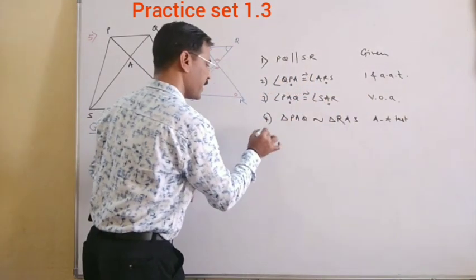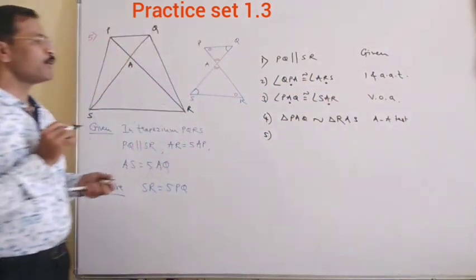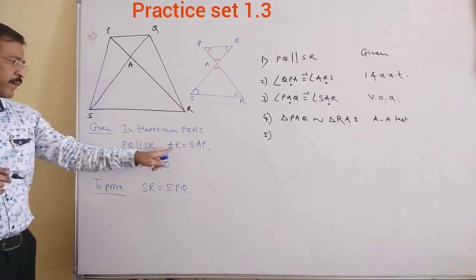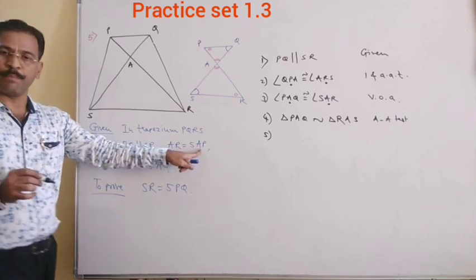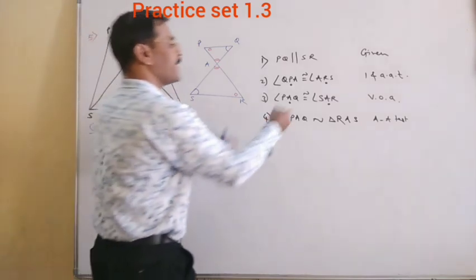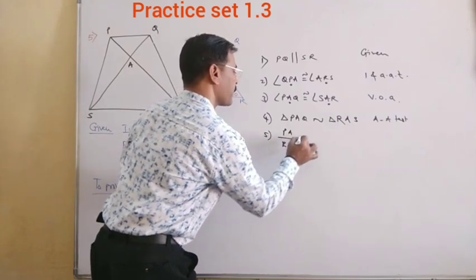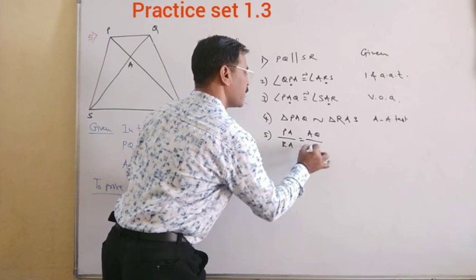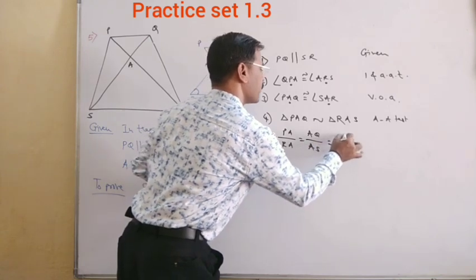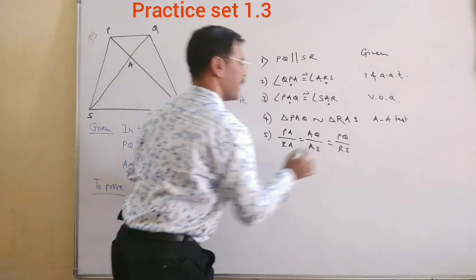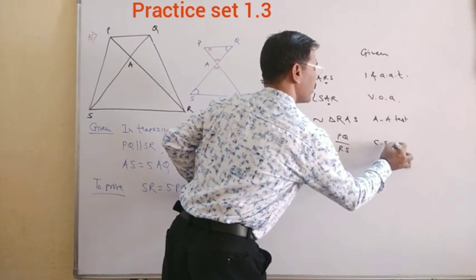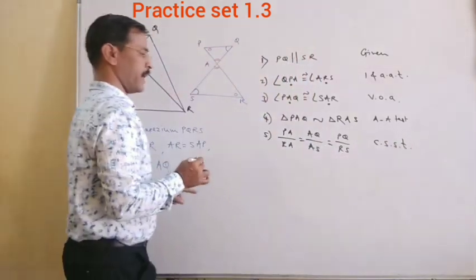Okay. Now look here. What have they given to us? The given information is also very important. AR is equal to 5 times AP. Now I'll write that the sides are in proportion. See first, PA upon RA is equal to AQ upon AS is equal to PQ upon RS. This is by corresponding sides of similar triangles.